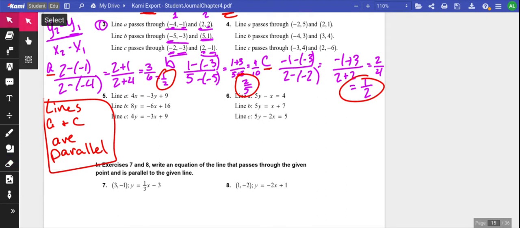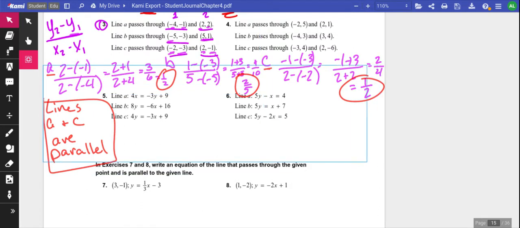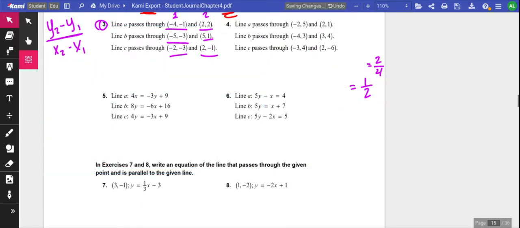Okay. All right. So now it's asking me the same question. Which ones of these lines are parallel to each other? Except it doesn't give me points. It's giving me these different equations.